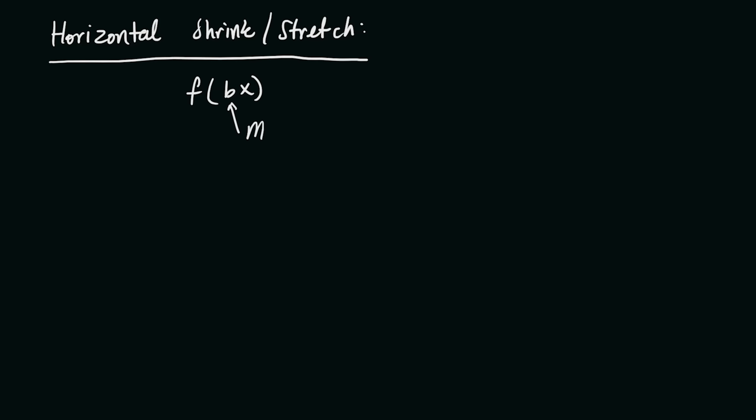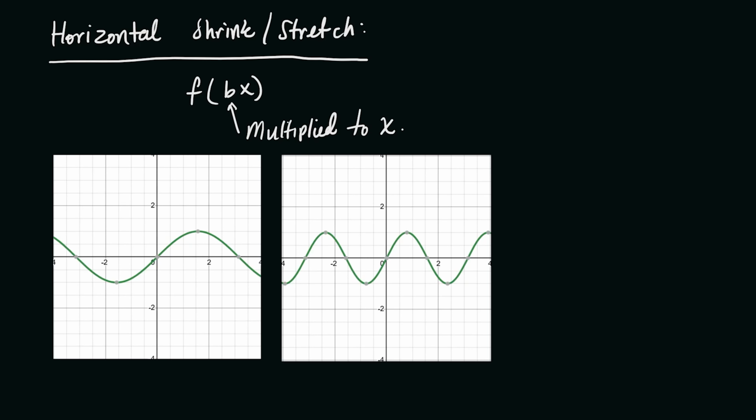It's multiplied to x. Now, of course, we're going to have the same deal with like, oh, if it's larger than 1, if it's smaller than 1, right? Things are going to change around here. So let me pull up the graph as a representation so that we can check it out.